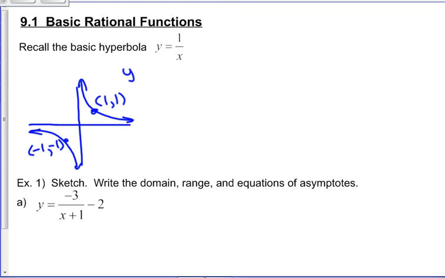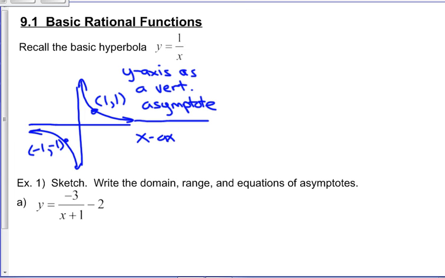It has the y-axis as a vertical asymptote. The y-axis has an equation of x = 0. And it also has the x-axis as a horizontal asymptote, which is the equation y = 0.